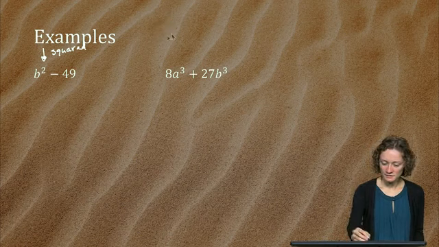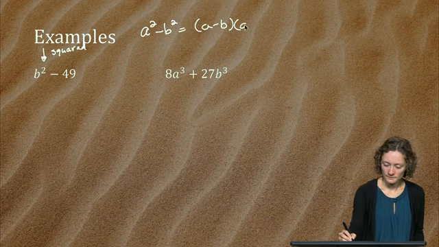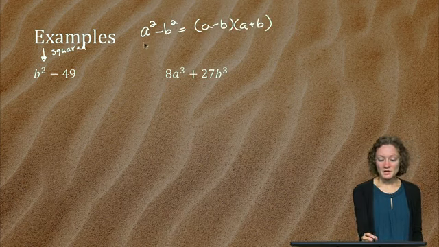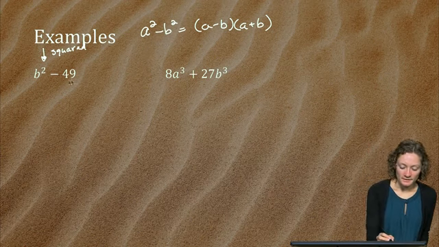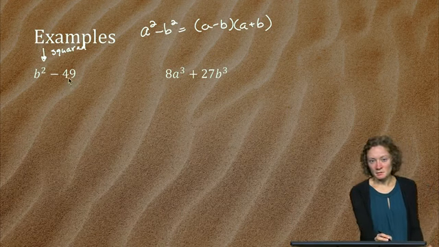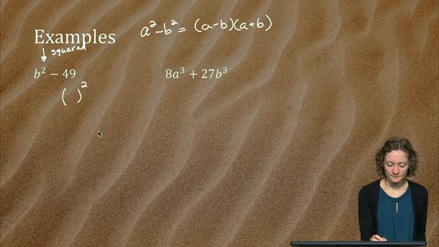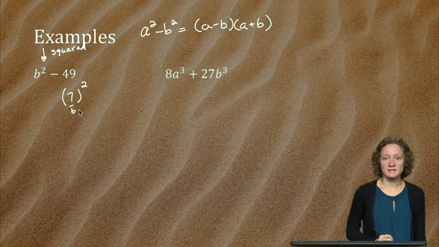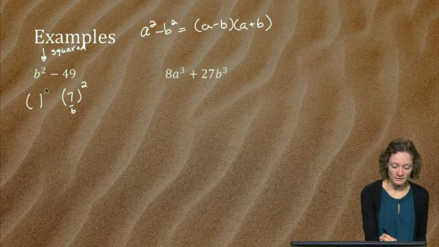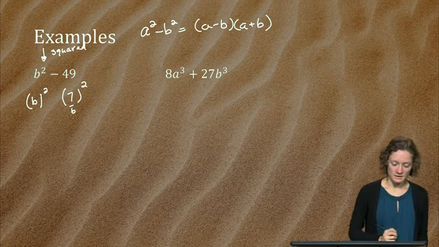let's rewrite. We need to know what the base is for each of these things being squared. So the 49 is typically, the number is usually the easier one to look at. What squared gives us 49? The answer is 7. So the base, the b, is 7. What squared gives us b squared? Easy enough, b.